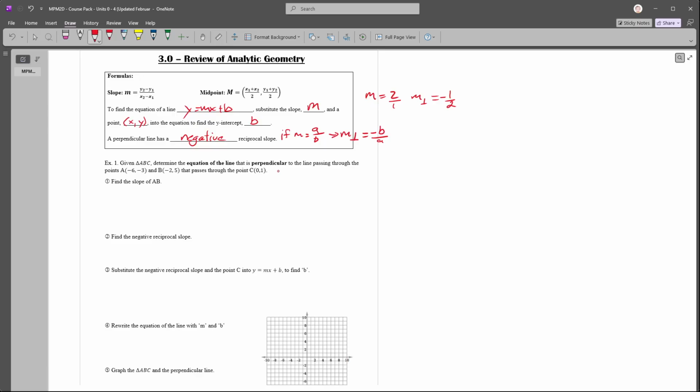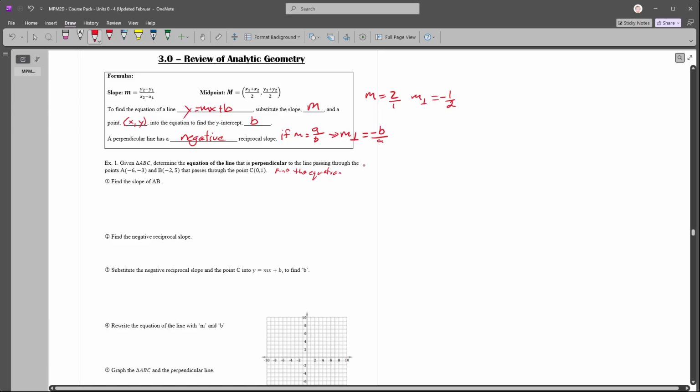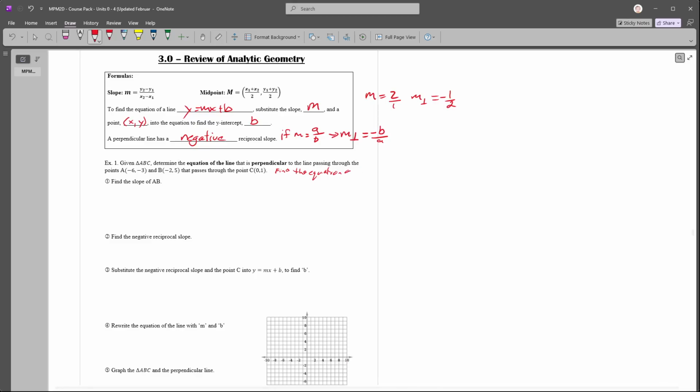So let's rewrite this. Let's say what we want is, find the equation of the line perpendicular to AB.